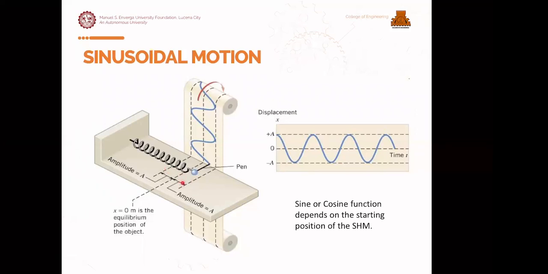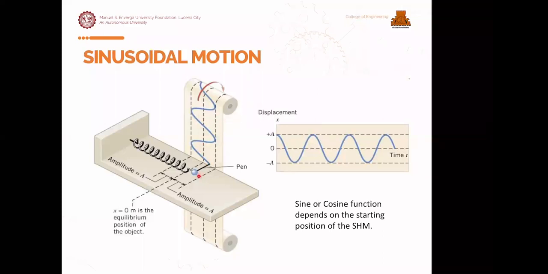So, yung pen natin, since gumagalaw yung recording natin, kada movement ng ball natin, na-traverse niya dun sa sinusoidal motion natin, so sa cosine or sine wave natin.